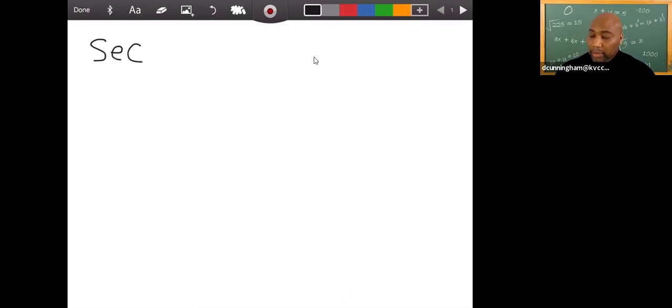We're on our whiteboard, and I want to look at one more function, and then I'll give you some practice problems to see if you got the concept. So let's say we want to find the secant of angle A, which is equal to 1.2263.